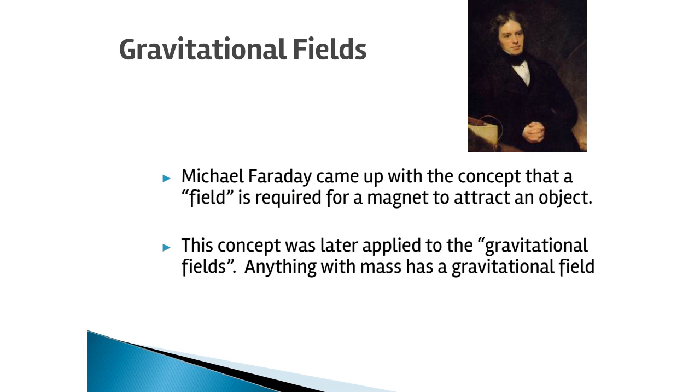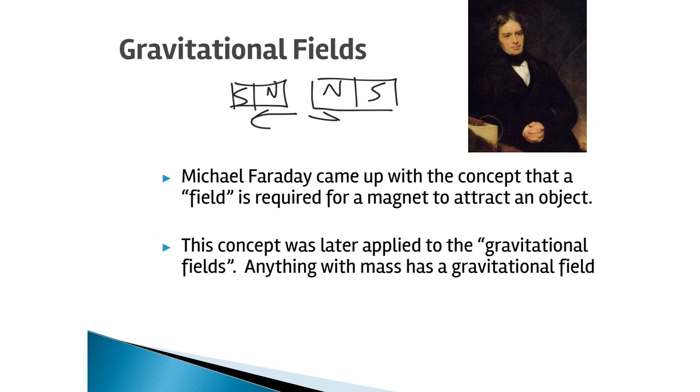Michael Faraday came up with the concept that a field is required for a magnet to attract an object. So if you have two magnets with a north and a south pole, we know that like is going to repel.